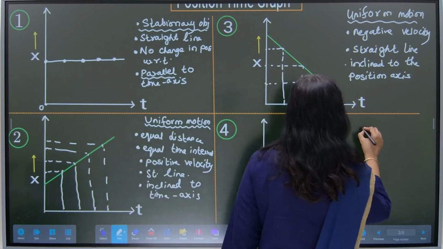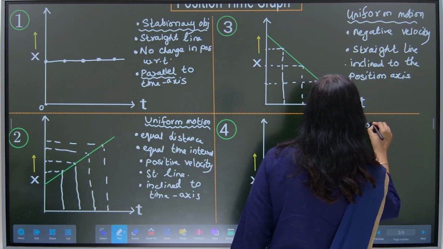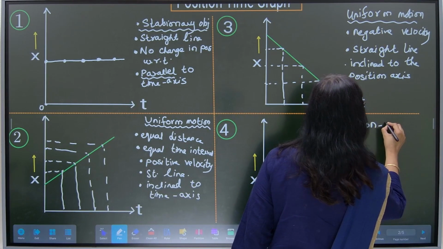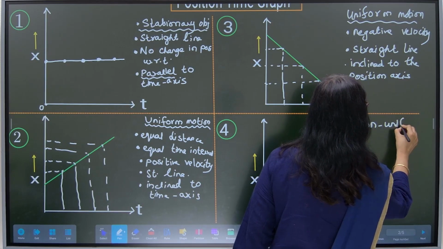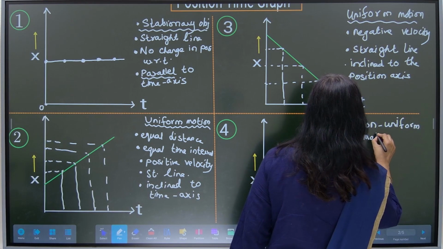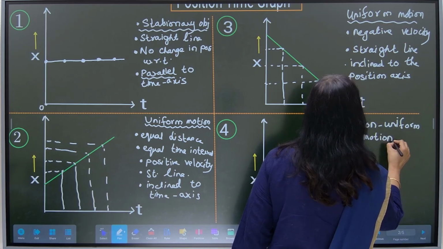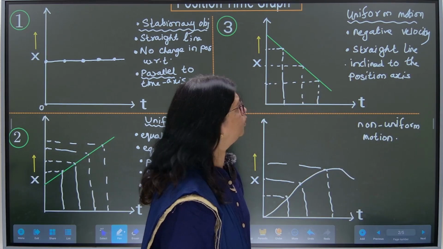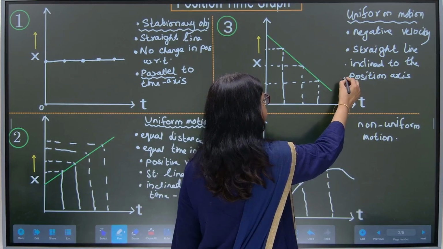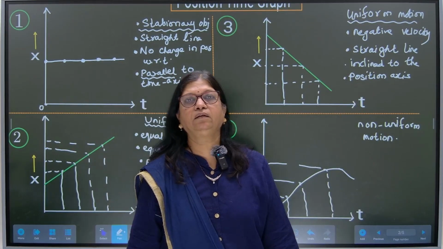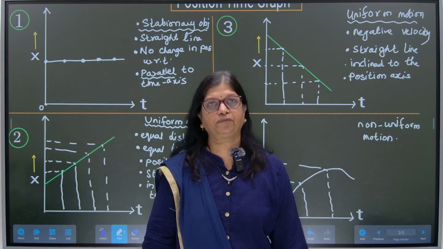So what type of a motion is this? This is a type of motion which is called a non-uniform motion, where there is no particular pattern followed by the position time graph.